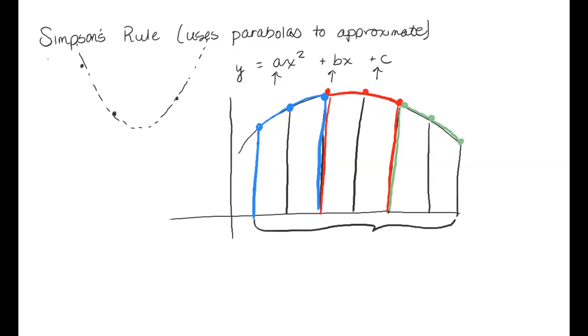If we had 9 subintervals, we'd have a little problem because we'd have 4.5 parabolas, and we don't want to do that. So when we use Simpson's rule, we're going to insist that n must be an even number. Otherwise, we can't pair these guys off.